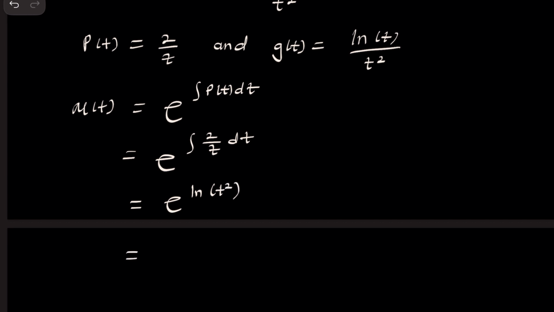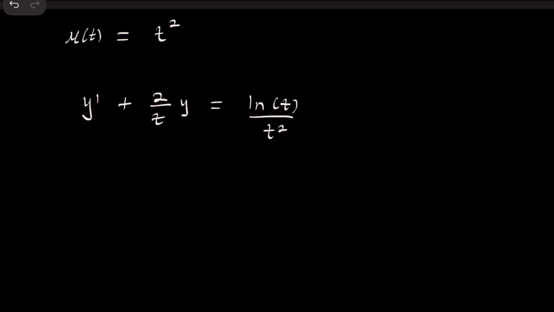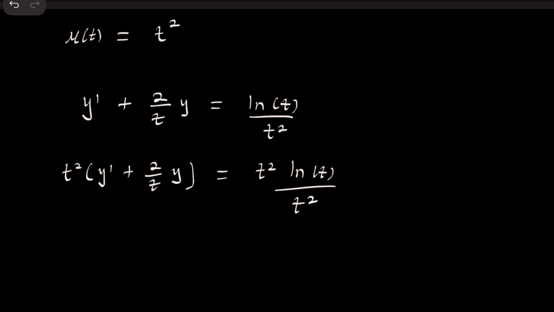And so that's our integrating factor, μ(t) is giving us t². Our next step is to multiply through the given differential equation by the integrating factor. So we are going to have t² y' + 2t y = t² ln t/t².